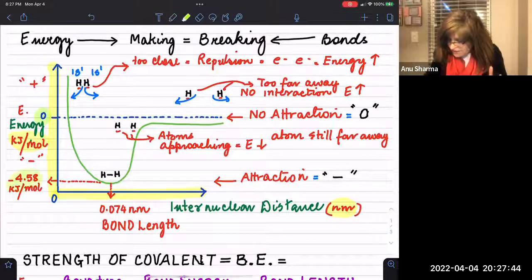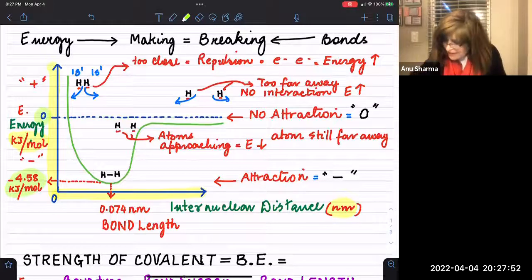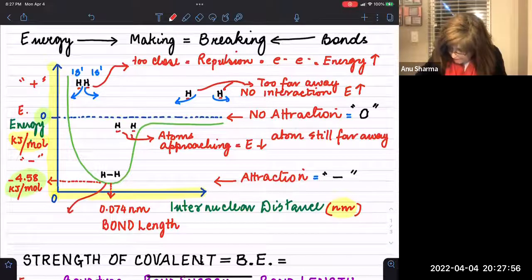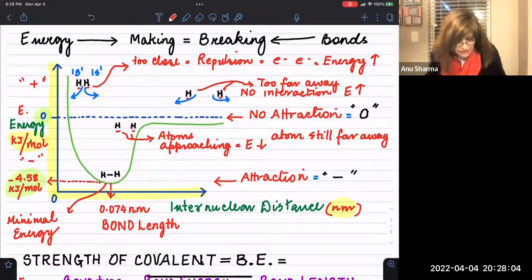This energy is negative 4.58 kilojoules per mole. The system in this state is at the minimal energy state.